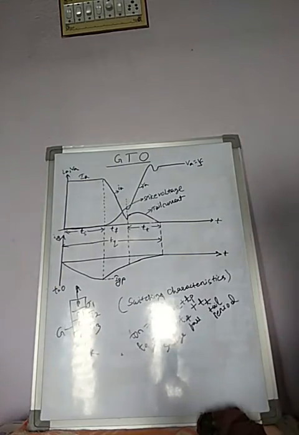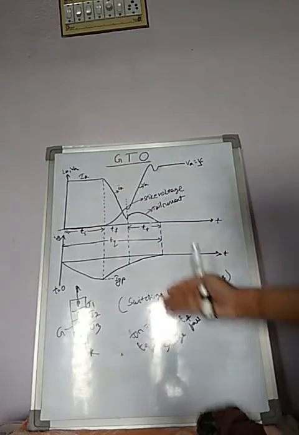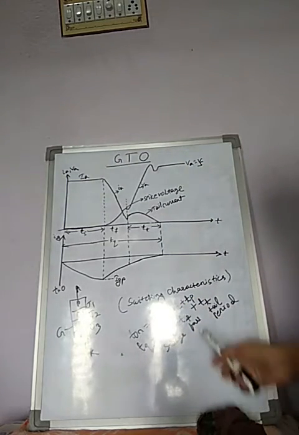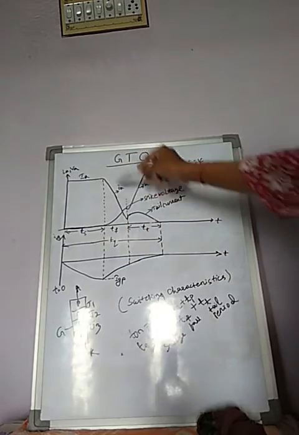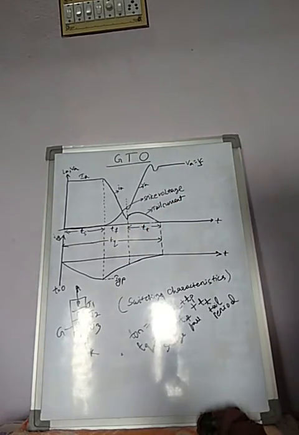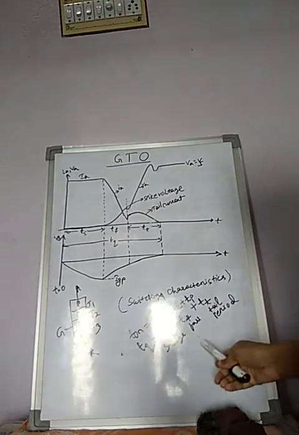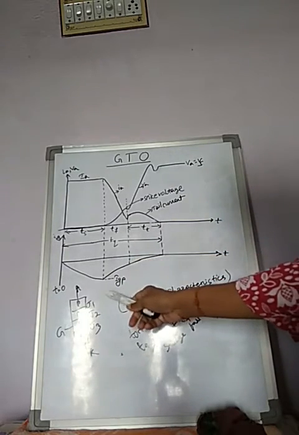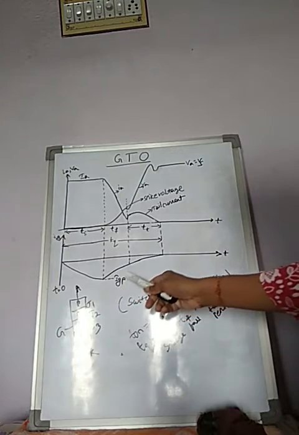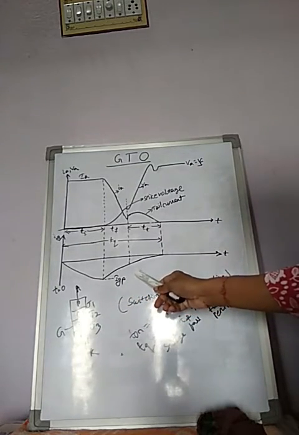This interval during which anode current falls rapidly is known as fall time or fall period. Here the anode current fall is of the order of 1 microsecond, and the fall period TF is measured from the instant gate current is maximum negative to the instant anode current falls to its tail current.